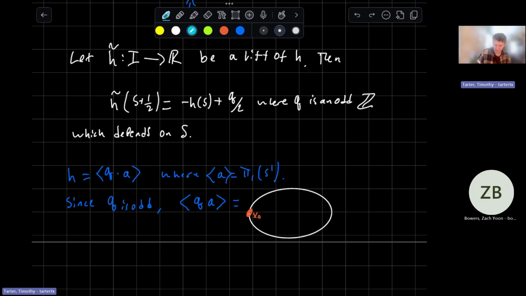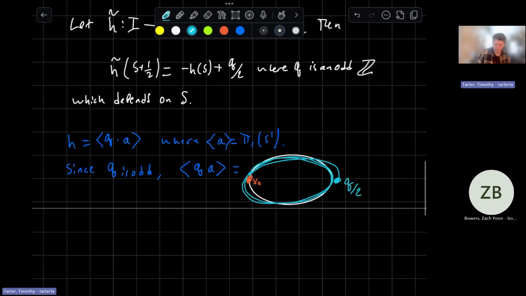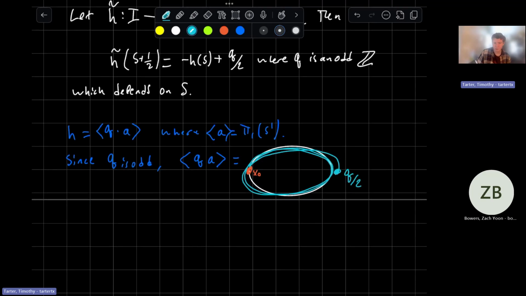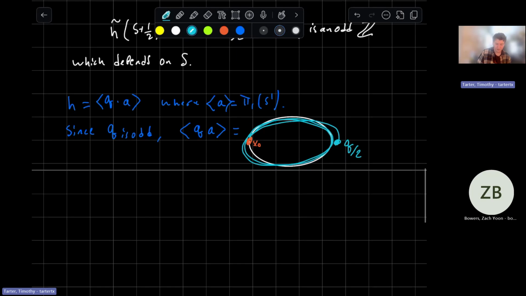It goes around like an odd Q over 2 number of times. And so we end up getting this antipodal thing.